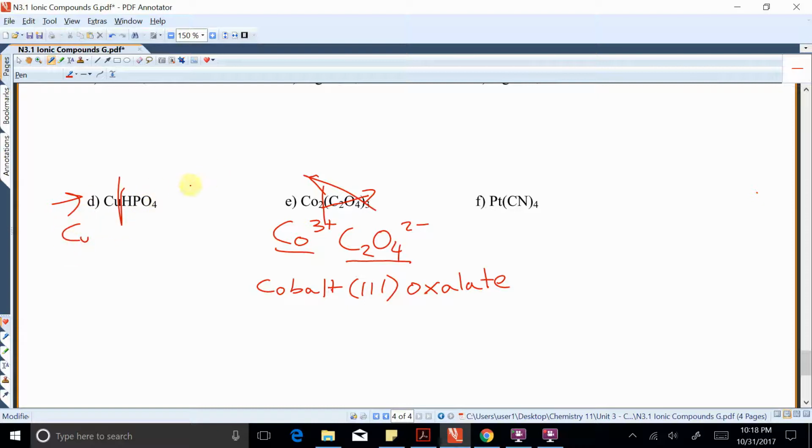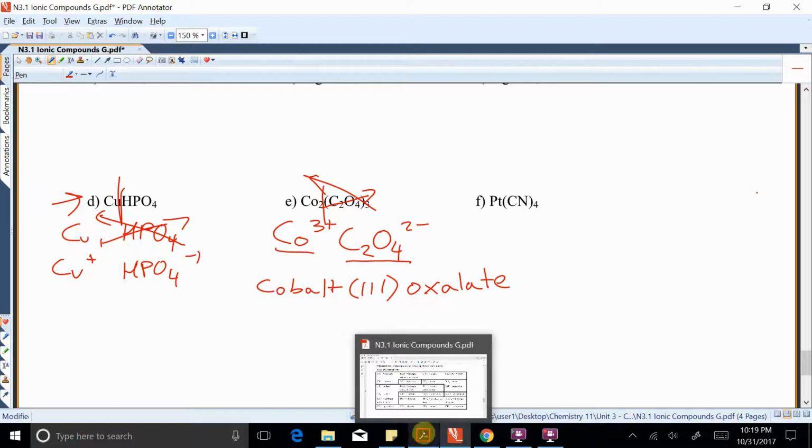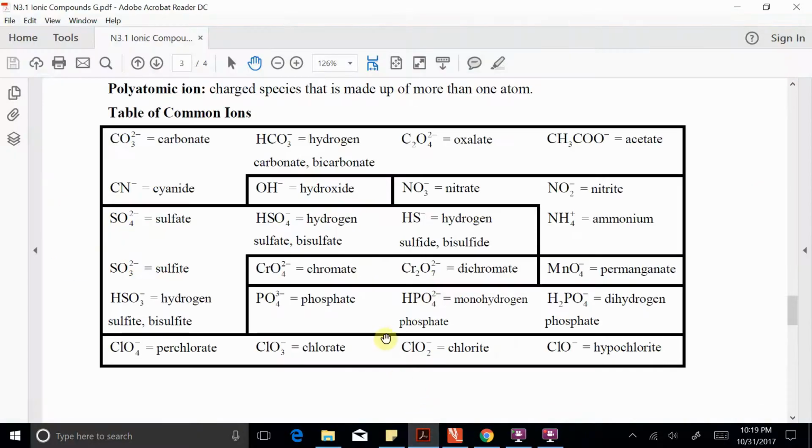So right here we notice that there's no brackets and there's no subscript beside the Cu, which means that normally we'd have ones and those ones would get crisscrossed, so you could write that down as Cu +1 and HPO4 -1. But looking back at our table of common ions, the charge for HPO4 is actually 2-.